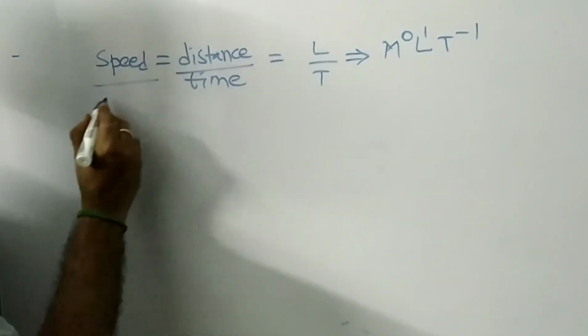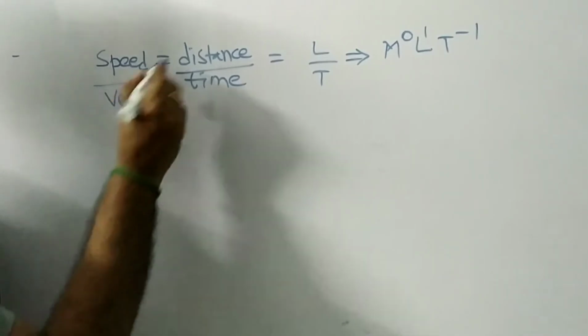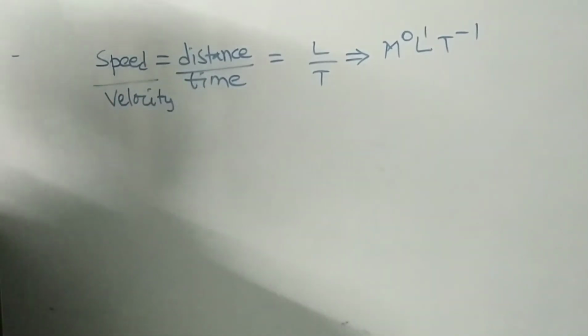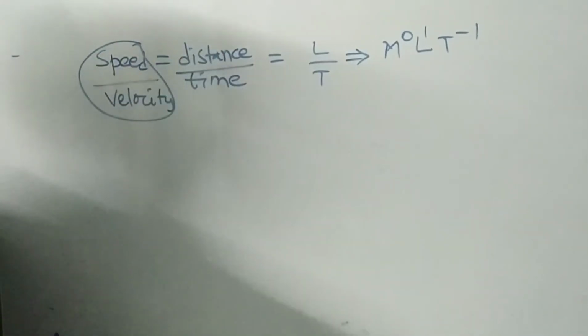And for velocity also it is the same dimensional formula, where in place of distance we take displacement. So speed and velocity have the same dimensional formula, M to the power of 0, L to the power of 1, T power minus 1.